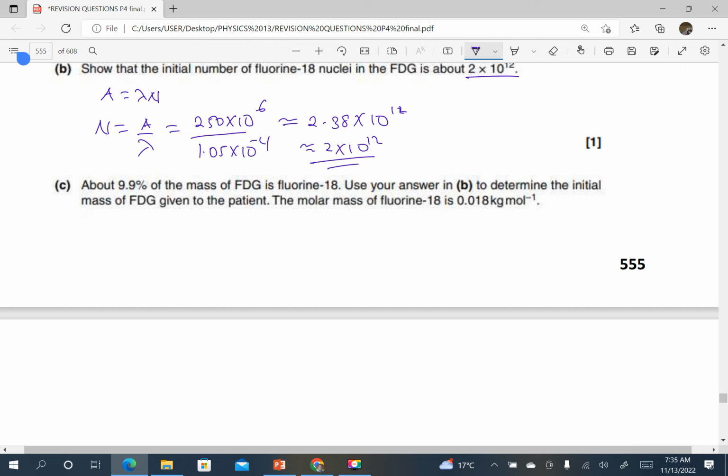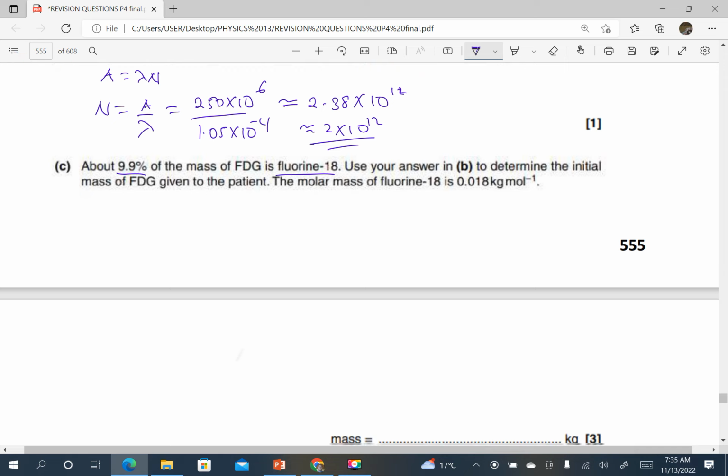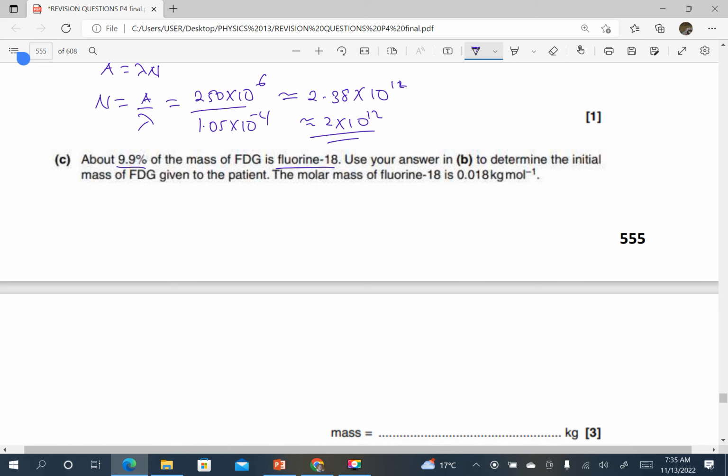About 9.9% of the mass of FDG is fluorine 18. Use your answer in B to determine the initial mass of FDG given to the patient. The molar mass of fluorine is 0.018 kilograms.